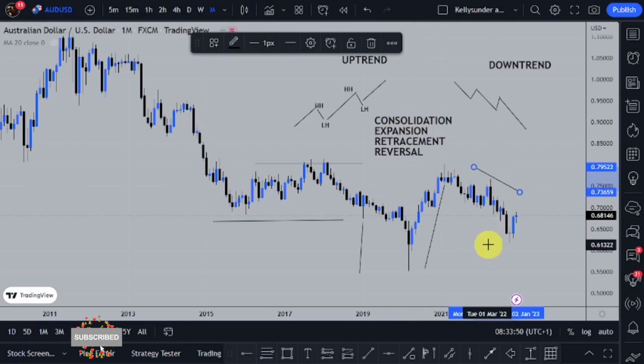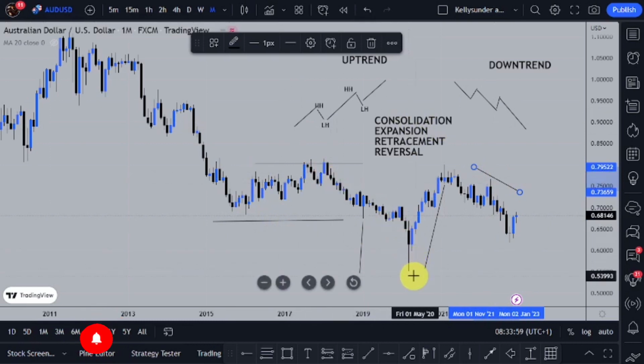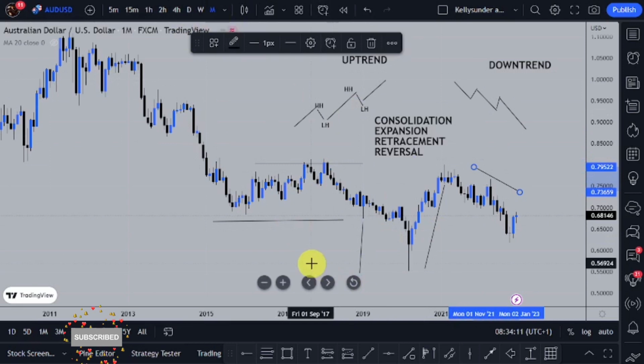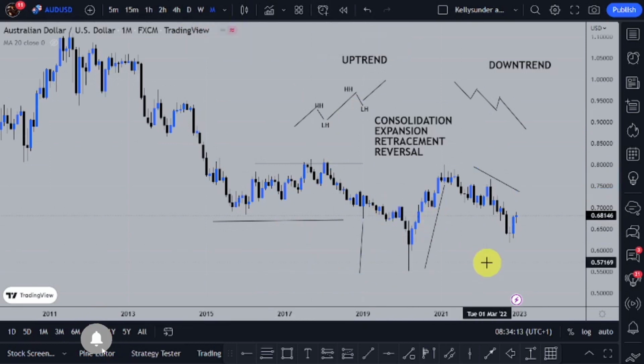So when you see a market consolidate, you know that yes, an expansion is going to come soon. But remember, we are in the monthly time frame, so this takes long to play out. If you break down to the lower time frame, you will also see all this stuff I'm explaining currently. You understand? That is just basically how it works.